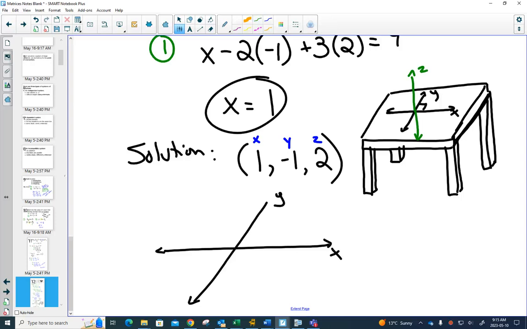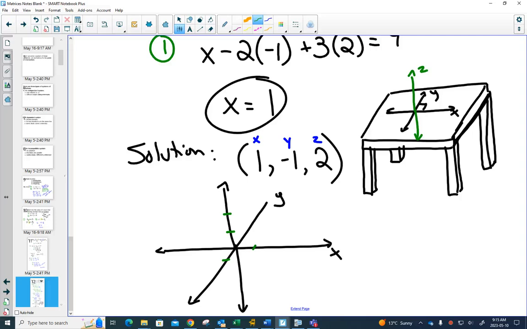So here is a 3-dimensional attempt to draw, and we are going to draw the point 1, negative 1, 2 on here. Would you agree that the 1 would be 1 in the x direction, the negative 1 would be negative 1 in the y direction, and the 2 would be 2 up in the z direction?